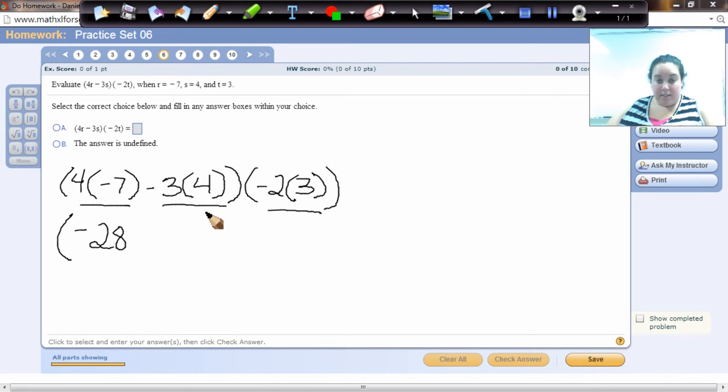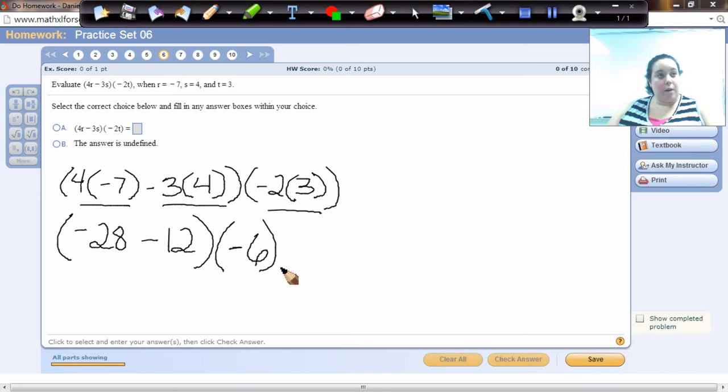And negative 3 times 4 is negative 12, because there's one negative, an odd number of negatives, so it's negative. Same thing here. 2 times 3 is 6, and one negative, so negative.